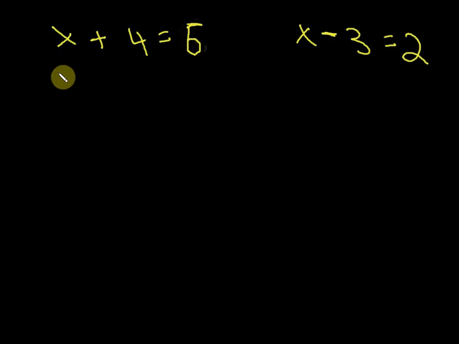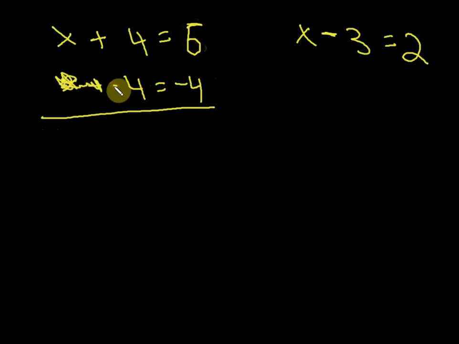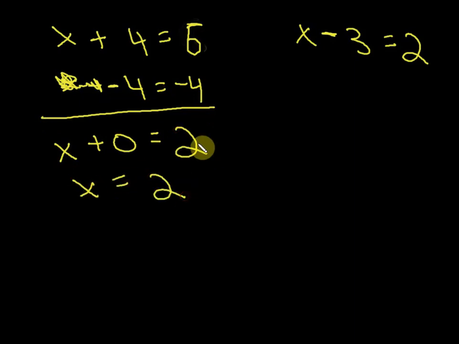So how do we solve this? Well, x minus 4 is equal to... Wait, we don't need this. Excuse me. So minus 4, so x plus 0 equals 2. So x equals 2.